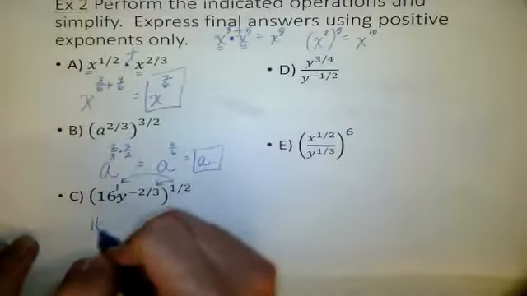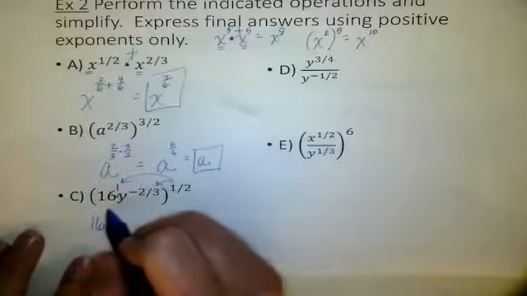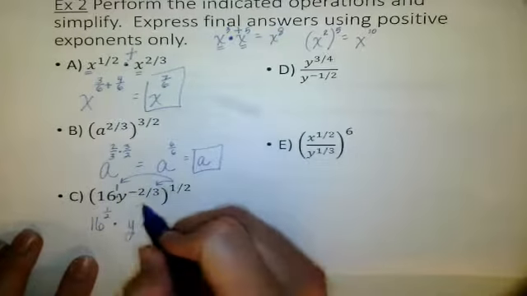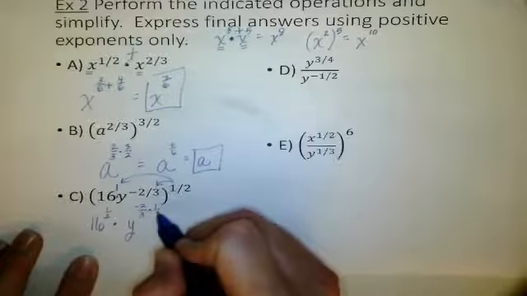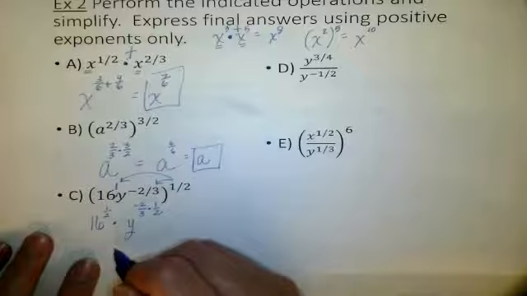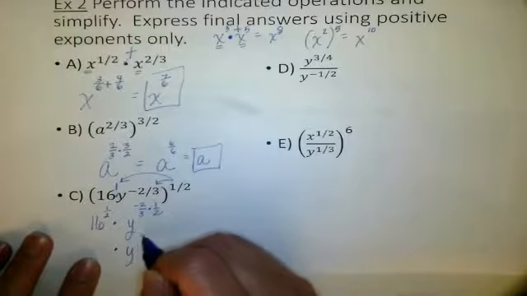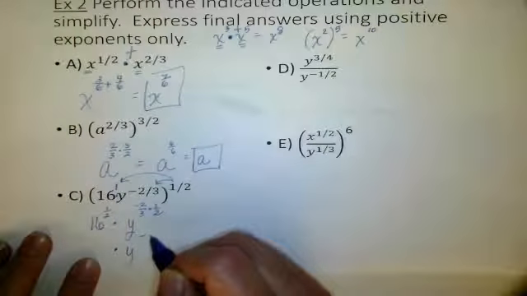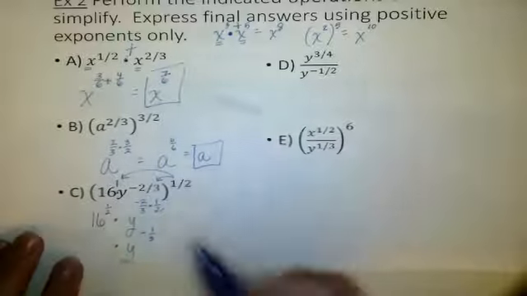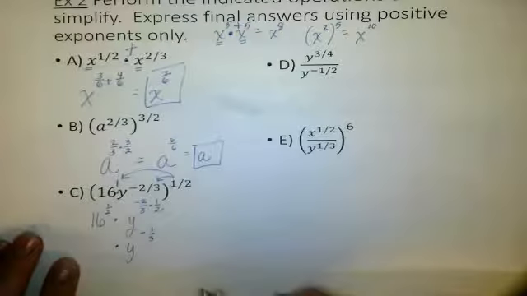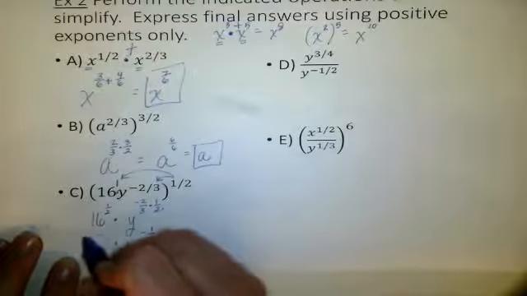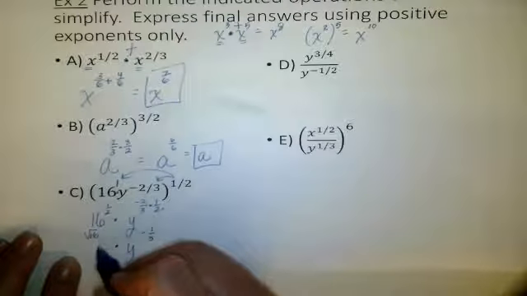So this would be 16 to the 1/2 times y to the negative 2/3 times 1/2, which would be what? Negative 2/6, and negative 2/6 reduces to negative 1/3. Good. And what is 16 to the 1/2? 4. Yeah, isn't it the square root of 16, which is 4?